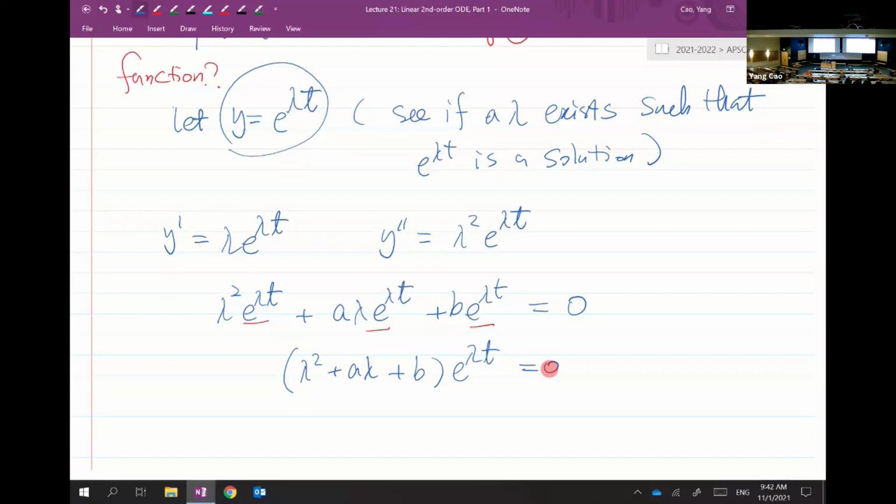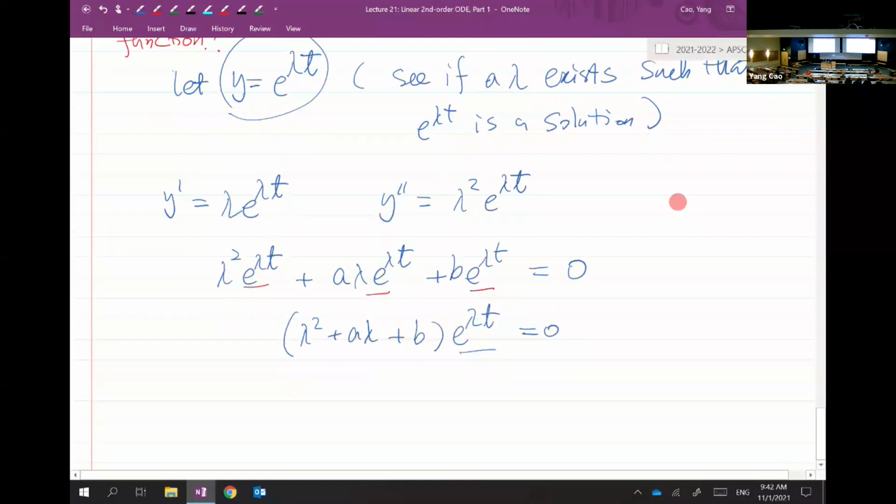Remember, you're trying to find the lambda so that this expression equals 0. Is it possible that e to the power lambda t equals 0? No, right? If lambda is a negative number, it's exponential decay, but it never reaches 0. So this is not possible. So the only way to make this 0 is lambda squared plus a lambda plus b equal to 0. That's the only way to make it 0.